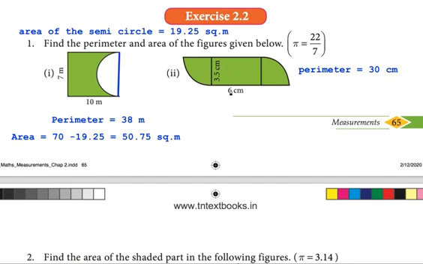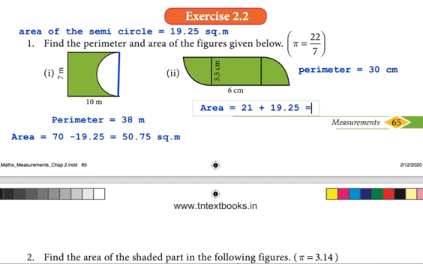What about the area of this rectangle? 6 into 3.5. So 6 into 3.5 is 21. So overall area we'll write here: area of the rectangle plus area of the semicircle, this quarter circle, this quarter circle, okay, semicircle, how much? 19.25.